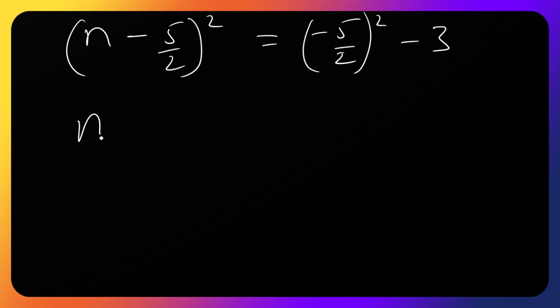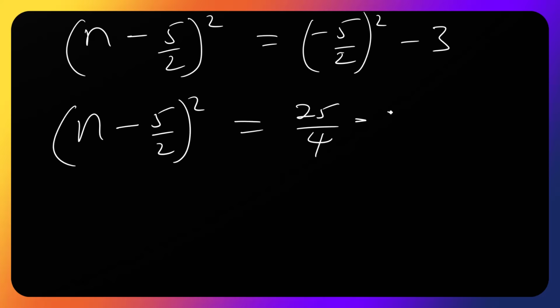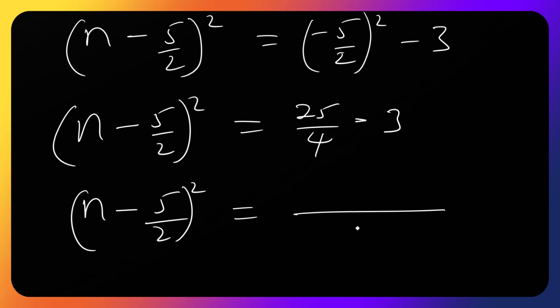So this side will be n minus 5 on 2 all squared equals 25 on 4 minus 3. So this side is 4, 25 minus 12, so that will be 13.